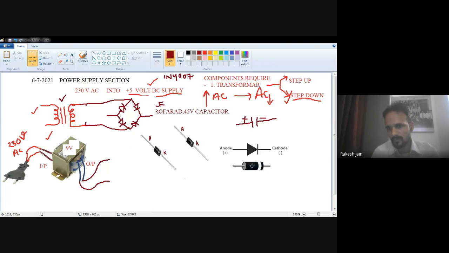One side is plus and one side consists of a silver line over there. So I require 4 diodes, so I just connect 4 diodes.